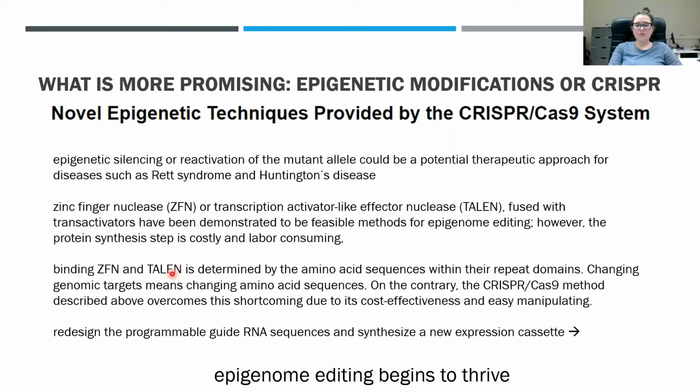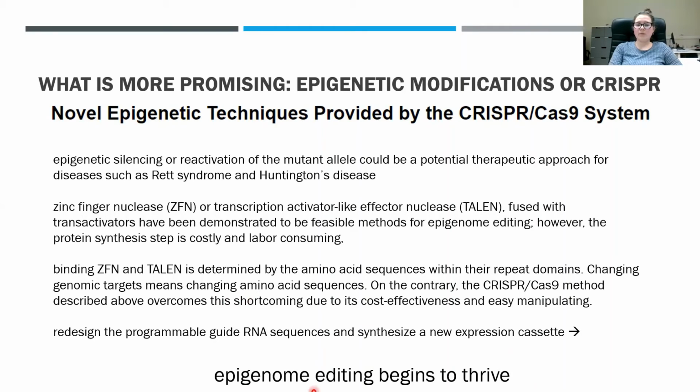So what can we do? We can use the Cas9 system, whose synthesis is cost effective and much easier to manipulate. We just redesign the programmable guide RNA and synthesize a new expression cassette.